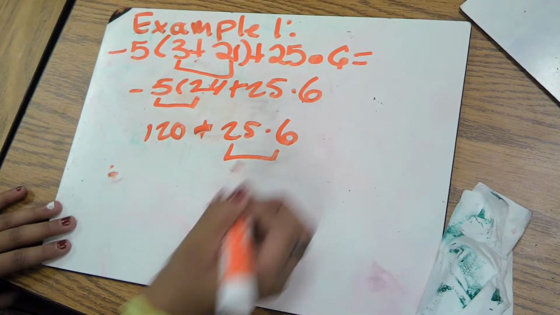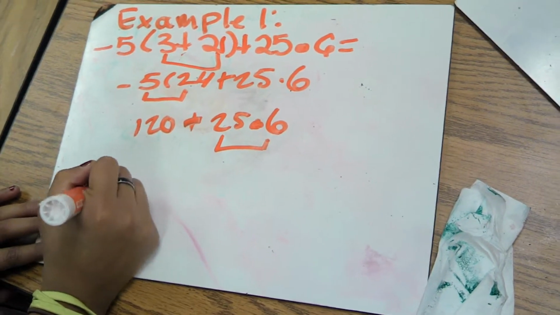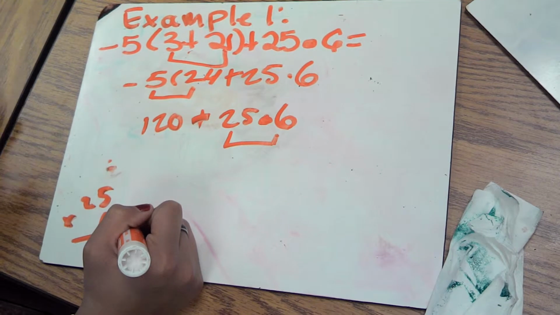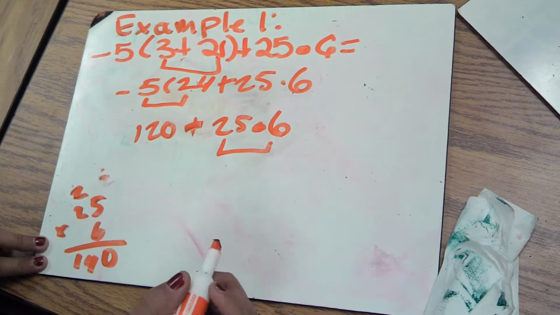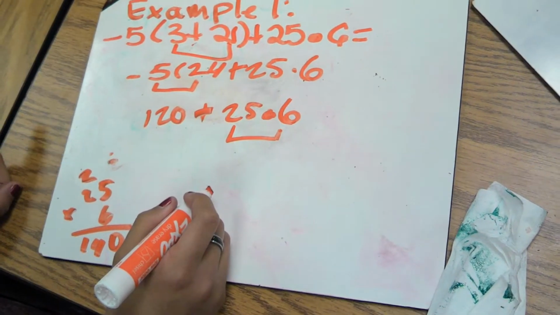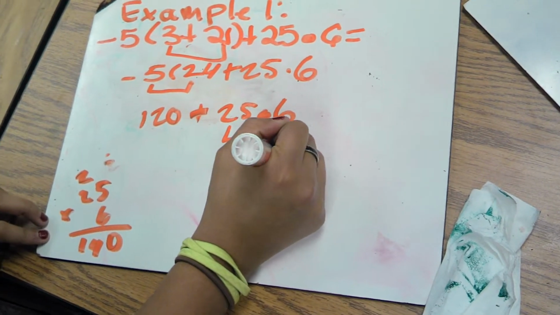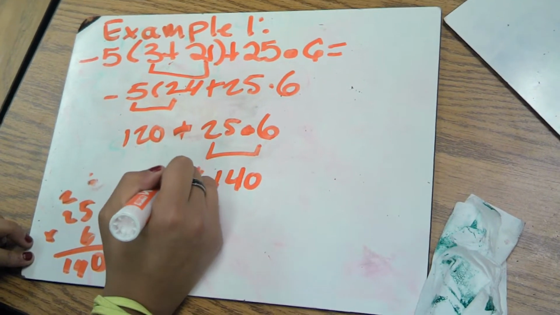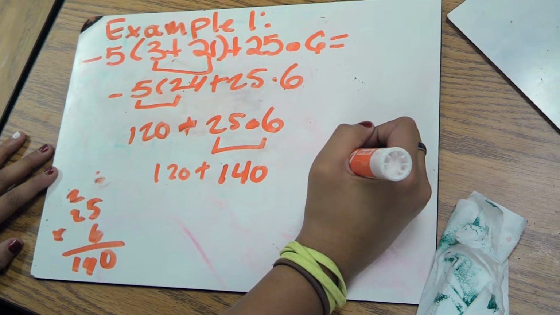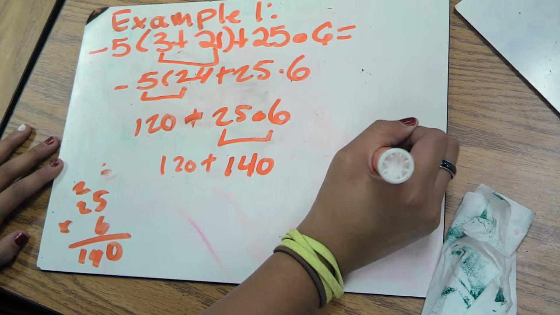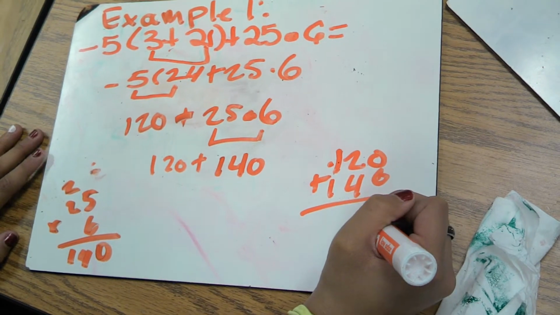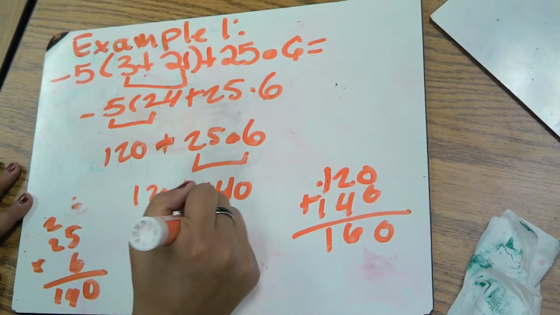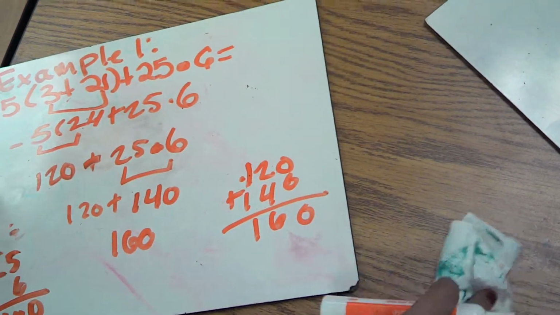Then you do this multiplication. 140. It would equal 160. Okay.